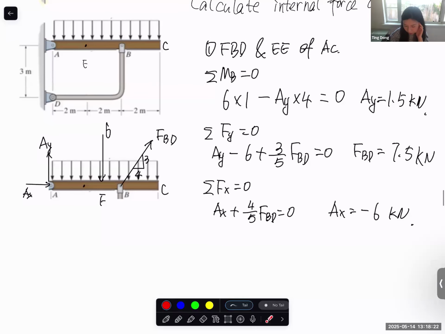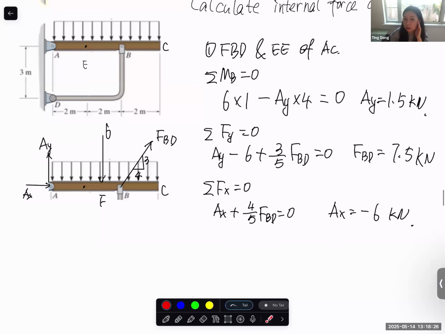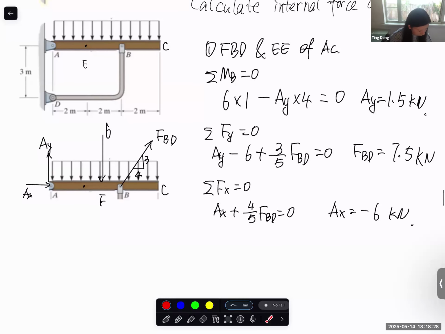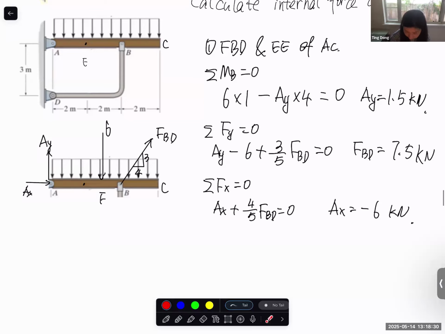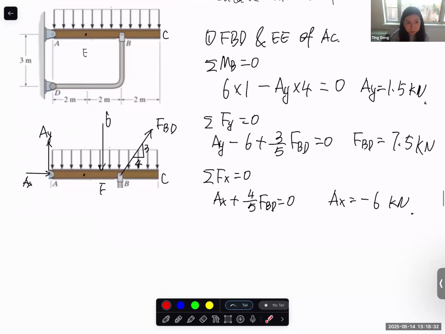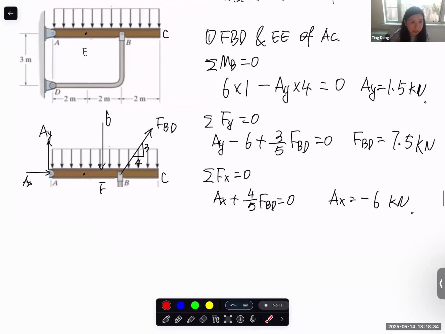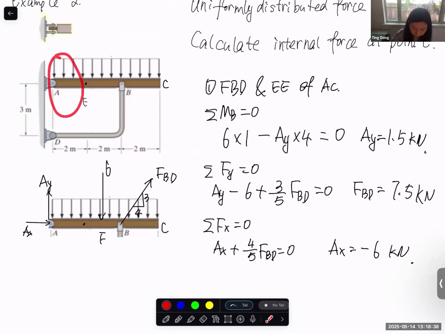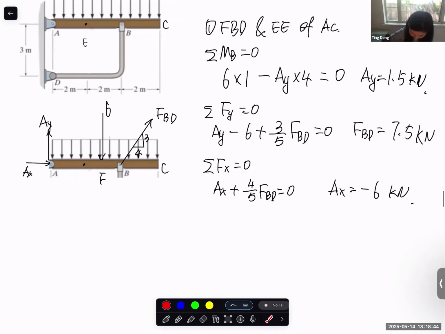So this is how we calculate reaction force at point A and the force in the BD. Any questions so far? And for the internal force at point E, of course, you can use AE, you can use EC. Let's use AE.